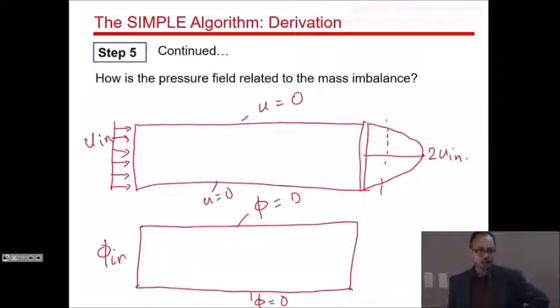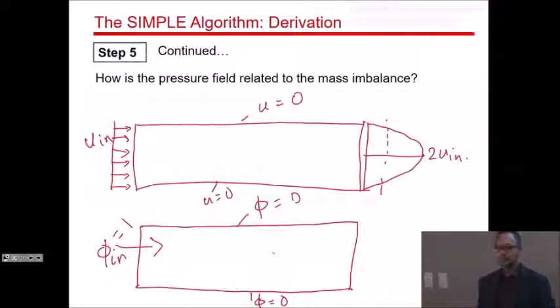I'm drawing an analogy. If I solve this problem and flow, let's say, is in that direction, okay? And let's say phi in is equal to 1. For the sake of argument, we make up some number. So 1 at the inlet, 0 at the walls. Okay? You can think of phi as temperature, non-dimensional temperature or concentration, something like that, to ease your understanding.